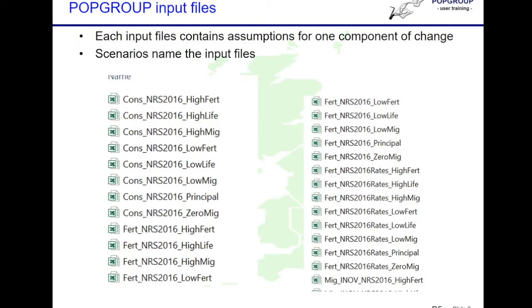And these relate to different assumptions around fertility, mortality, and migration that the National Records of Scotland have produced. So plausible scenarios of high fertility or low mortality, and so on, that we can pull into POPGROUP to produce different or variant assumptions using our scenario files, which specify different inputs in terms of these components of change.